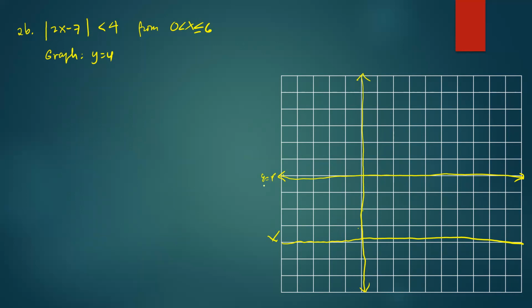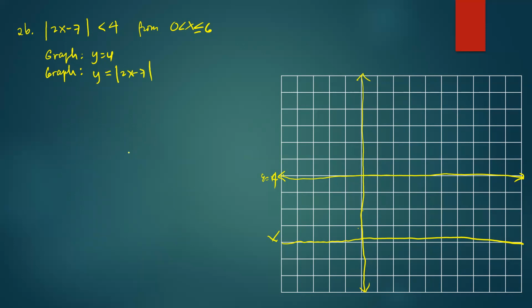So that is y is equal to 4. Okay. Then we are going to graph the modulus of 2x minus 7.